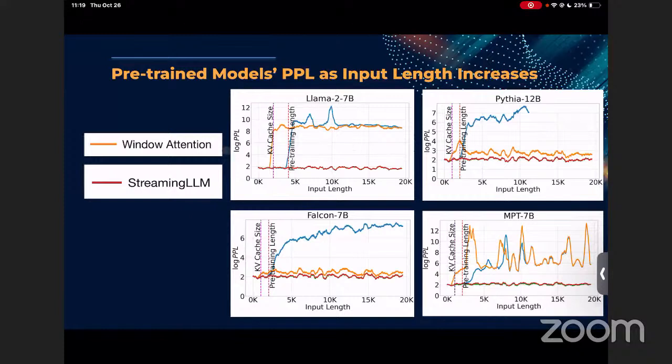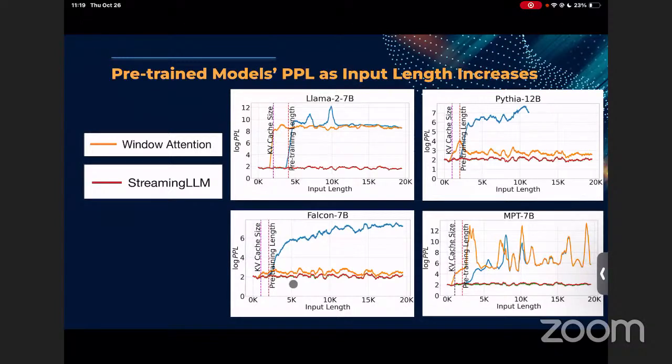So for the different models, these are all without streaming LLM. This is log perplexity. And so as the input length increases, we can see that the perplexity suddenly skyrockets when the cache size is exceeded, which means that the initial tokens were removed.